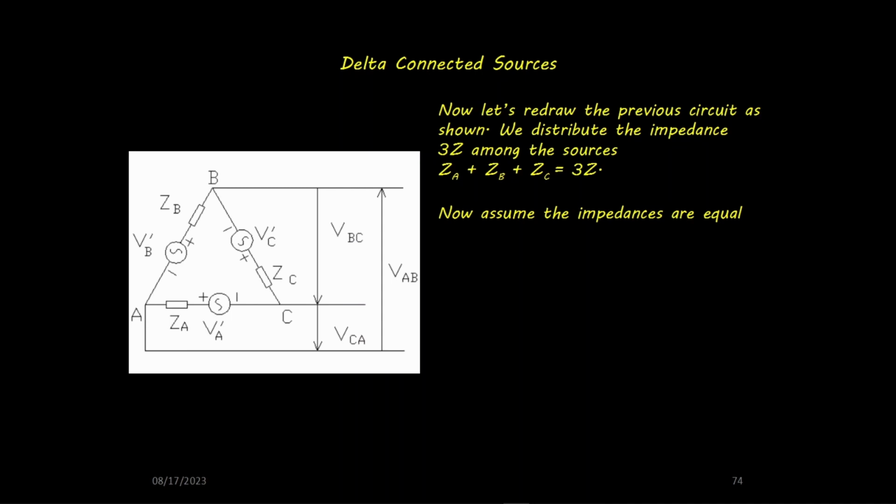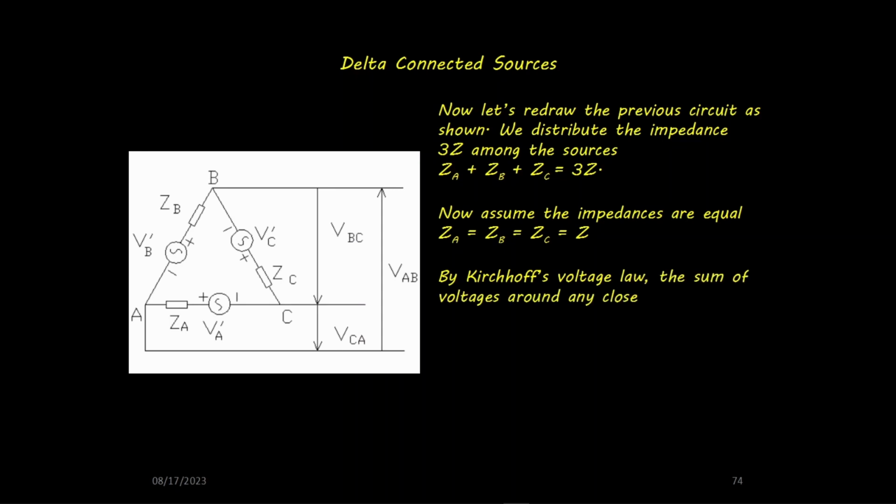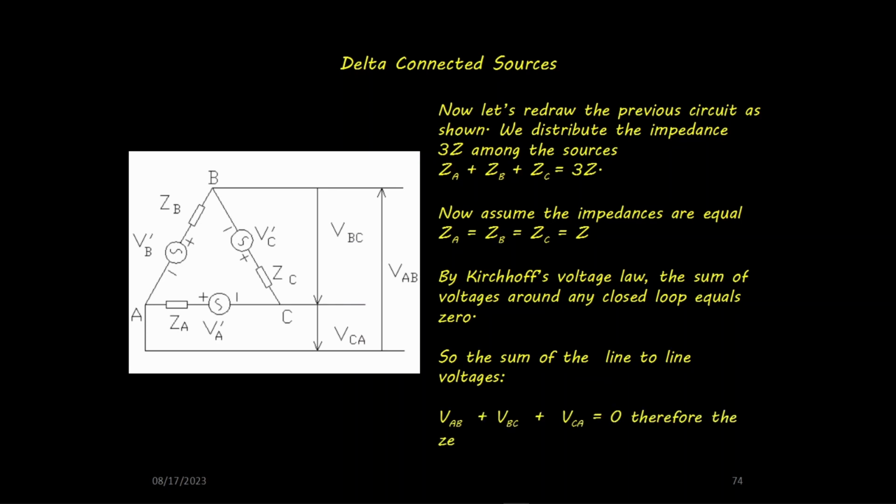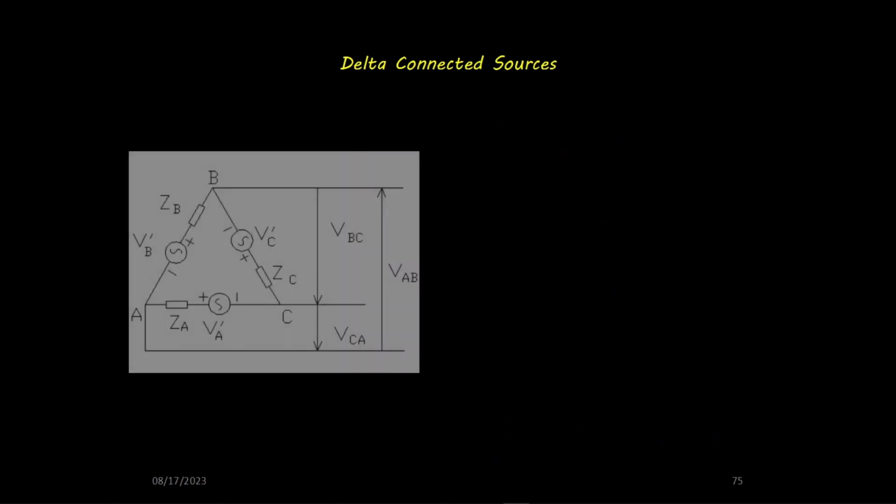ZA equals ZB equals ZC equals Z. By Kirchhoff's voltage law, the sum of voltages around any closed loop equals 0. So the sum of the line-to-line voltages, VAB plus VBC plus VCA, equals 0. Therefore the zero sequence voltage in the line-to-line voltages is 0.